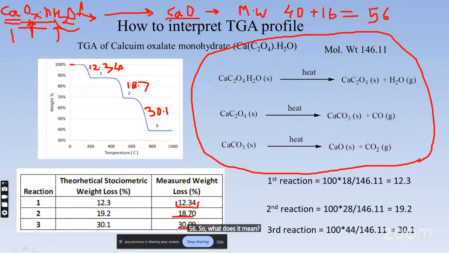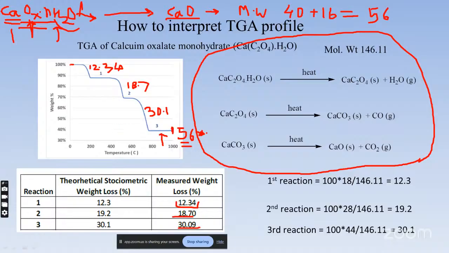When you heat your sample, whatever remains at the end, I will have 56 molecular weight with me. Sorry, not 56%, only 56 molecular weight.